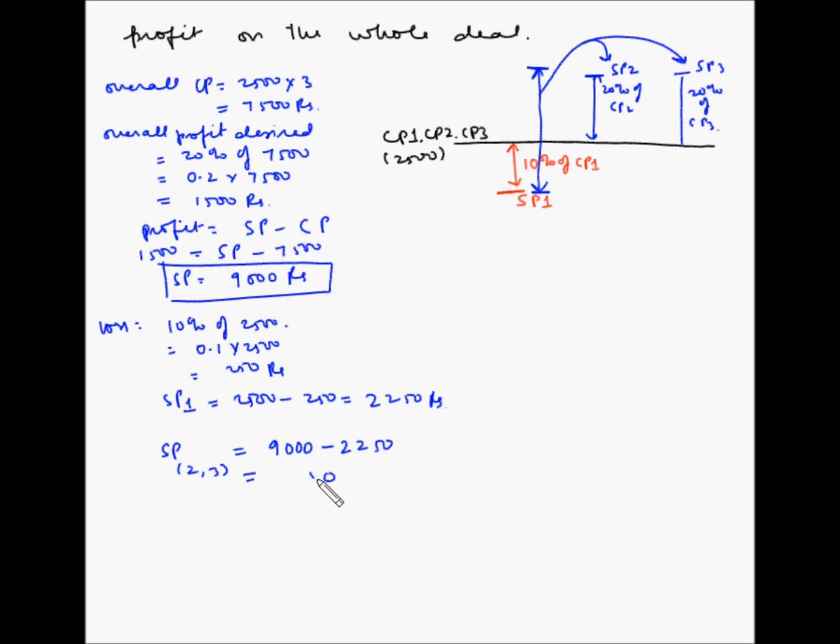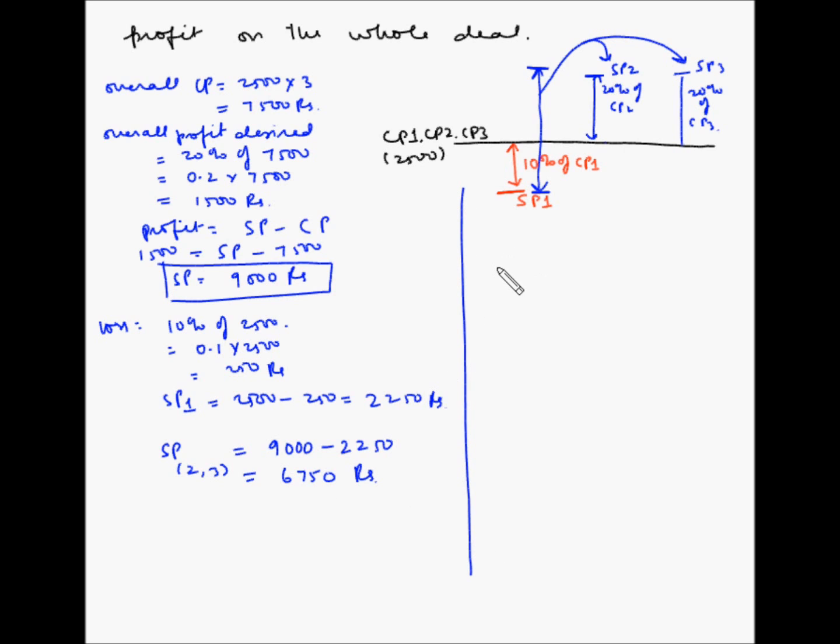So 0, 5, 7, 6. So the total selling price for item 2 and 3 should be equal to 6750 rupees.